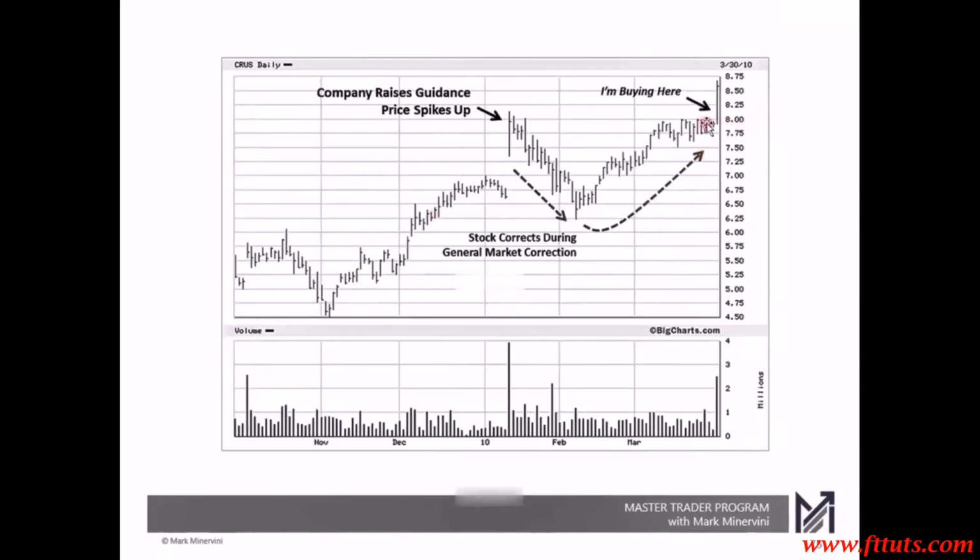So I was looking at it over here, but when I was looking at this stock setting up, I took mental note of the fact that right here you had a nice big move on guidance. And now the stock actually came in. There was a general market correction right here. So that's fine. But the stock was able to set up. And at that time, I hadn't bought the cheat area, but it actually had a little buy point here and then a buy point right here.